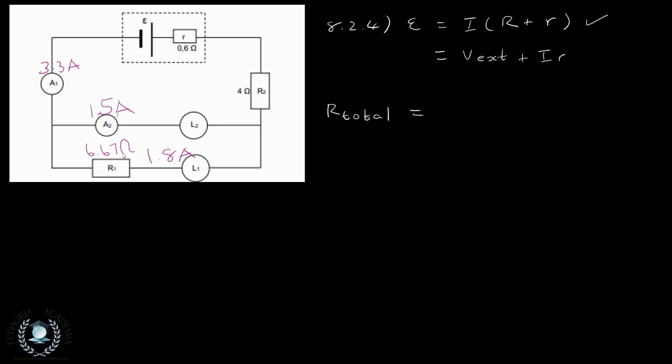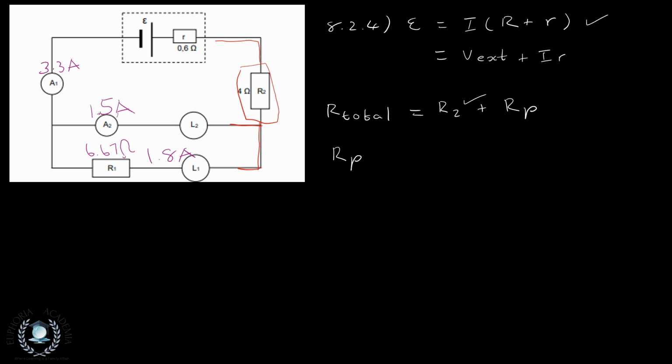It will be made up of this resistor, R2, which is in series with the battery, and then the resistance across these two branches, the parallel circuit. So that will be equal to R2 plus the resistance in the parallel circuit. We already have R2, so we just need to find our resistance in the parallel circuit.